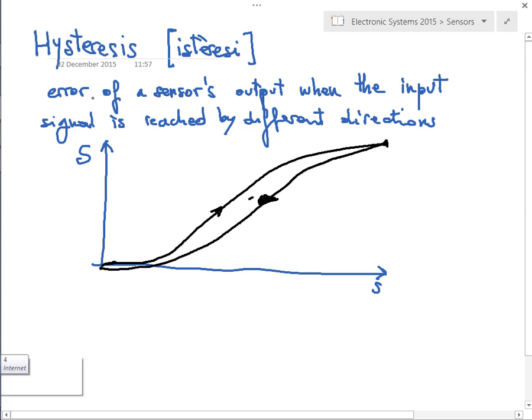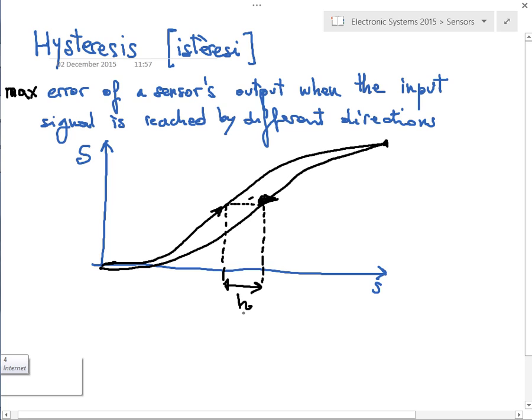Okay. Now, with the hysteresis, typically one defines the maximum error. So the maximum error is the maximum distance from one curve to the other in terms of the input signal. So one really calls this distance the maximum distance.